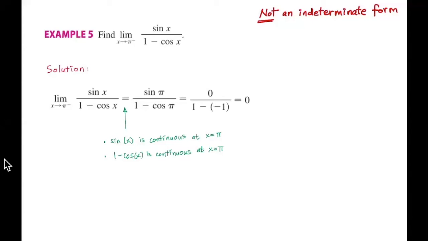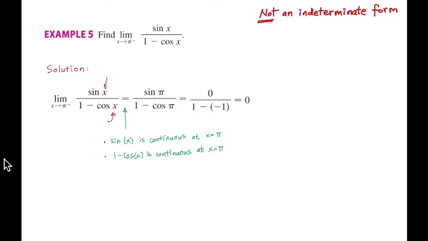But we can use calculus 1 rules. So we can simply put in pi into the sine of x and 1 minus cosine of x, because sine of x and 1 minus cosine of x are continuous at pi.